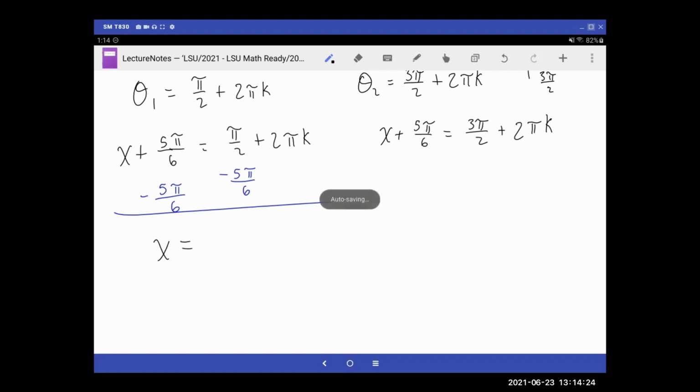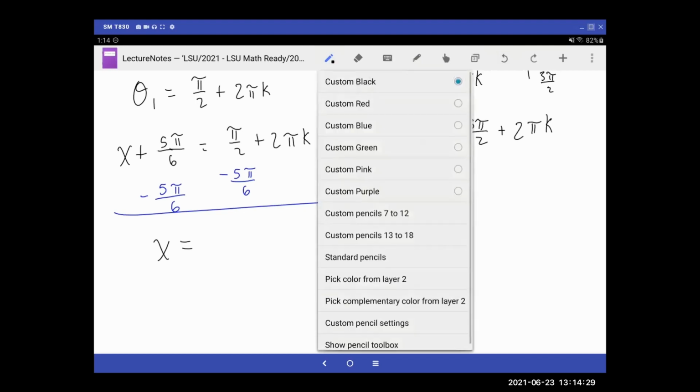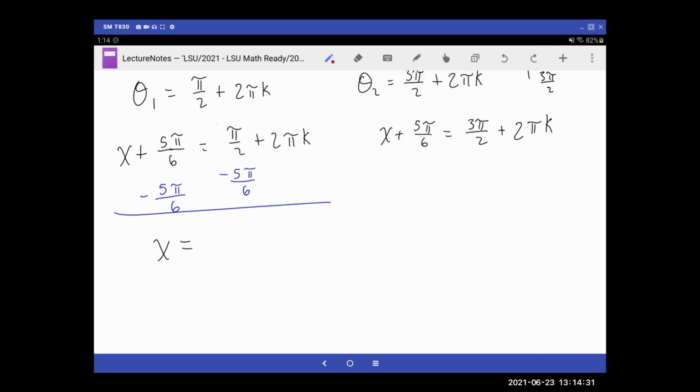Pi over 2 minus 5 pi over 6. I need to write that something over 6. So I will actually just multiply it by 3, and I'll turn that into a 6. So 3 pi over 6 minus 5 pi over 6 is negative 2 pi over 6. Or negative pi over 3, of course.